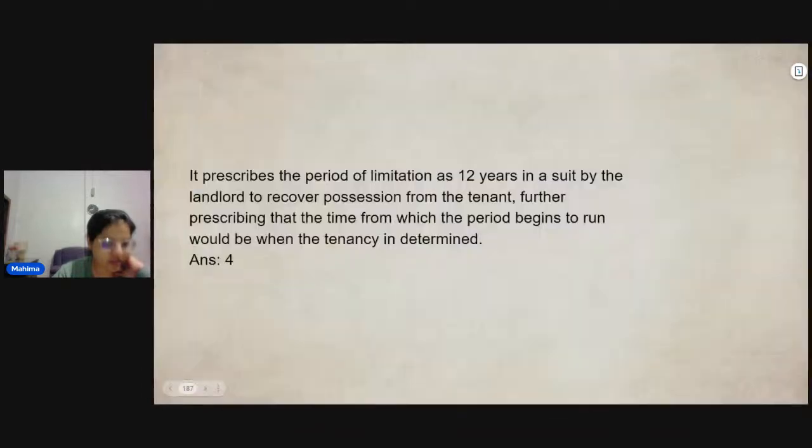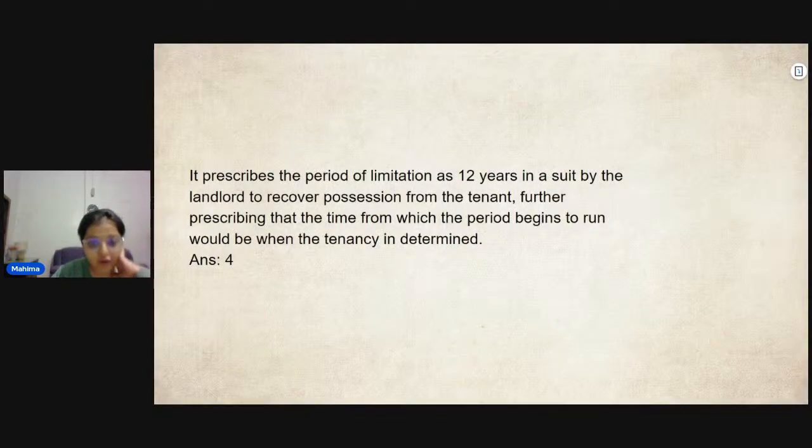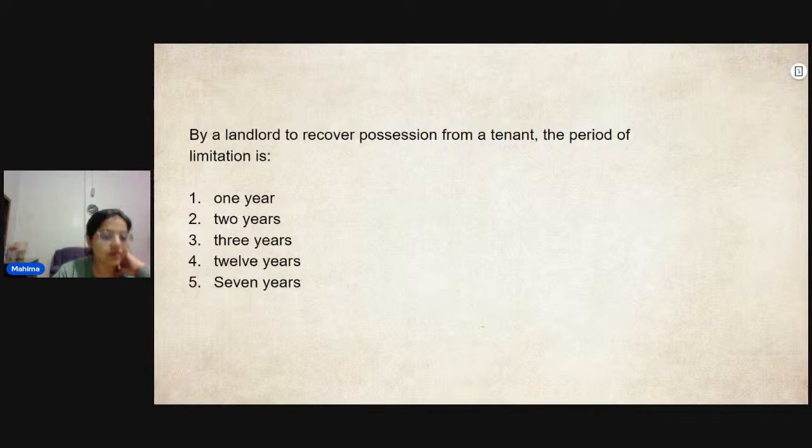Nobody is answering. The correct answer is option number four. It is 12 years. By a landlord to recover.